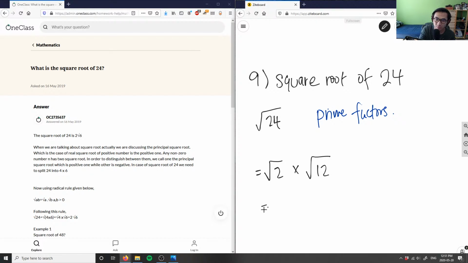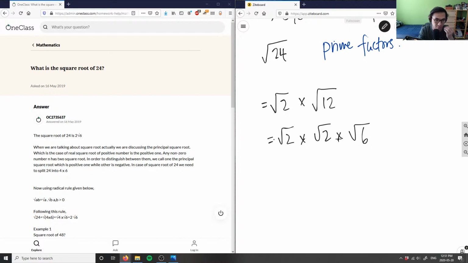I can break this root 12 again, I can divide another root 2 out. And I get times 12 divided by 2 is 6 here. And this here would be kind of the last set of numbers, because if I broke down root 6, I would simply get root 2 times root 3 here. And that doesn't really give me anything. So I'm going to leave this as root 6 here.